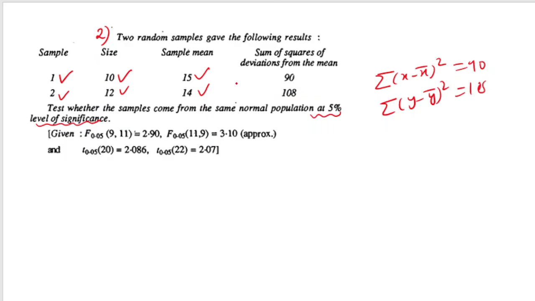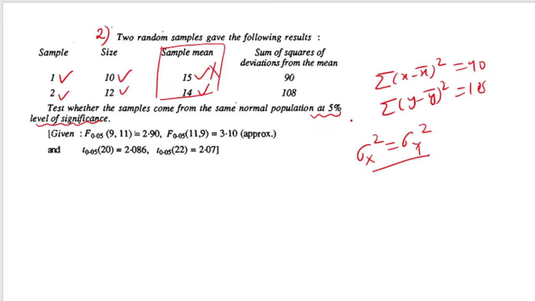Test whether the samples came from the same normal population at 5% level of significance. Now to test whether they came from the same normal population, because of the information that is available to us, we can compare both the variance as well as the sample mean, right? So we have to apply the F test as well as the T test. I repeat, suppose this information is not available to us. In this case I will just apply the F test to test whether the variance sigma x square is equal to sigma y square or not.